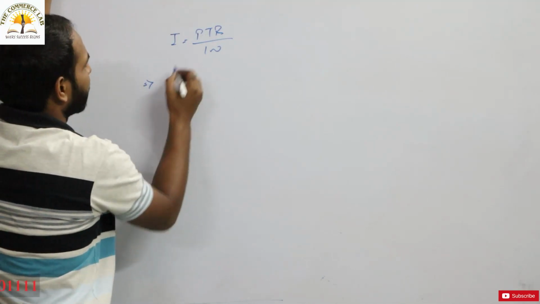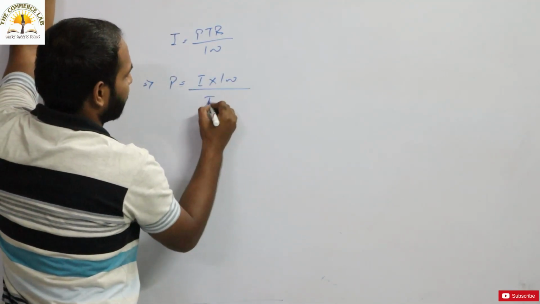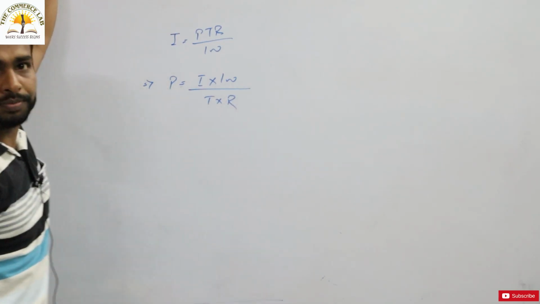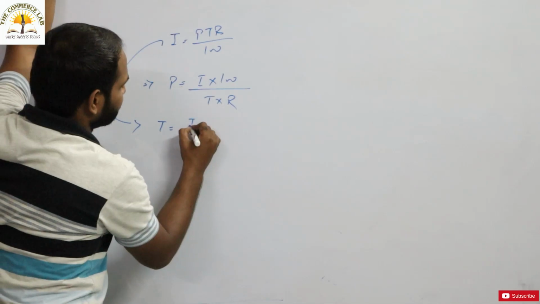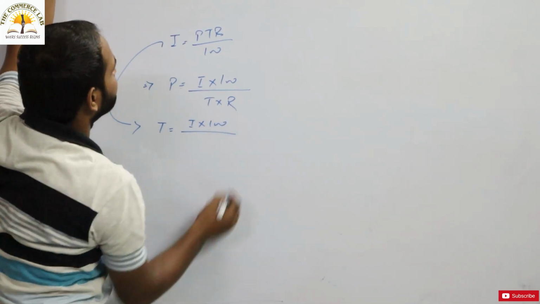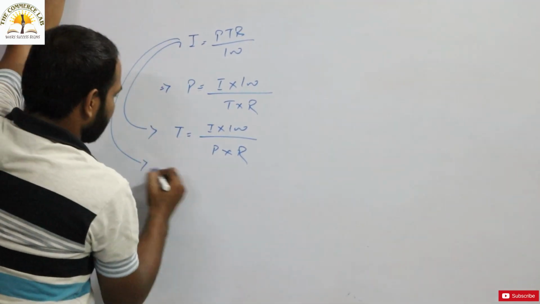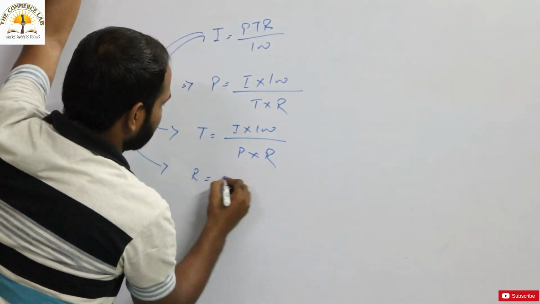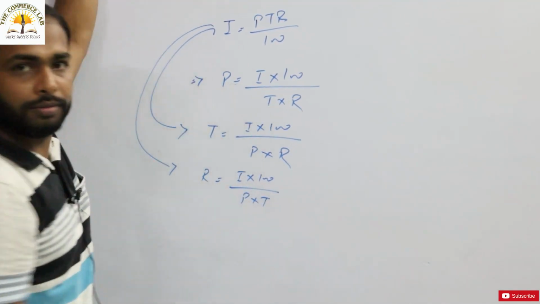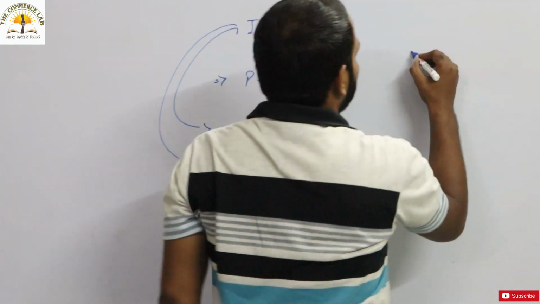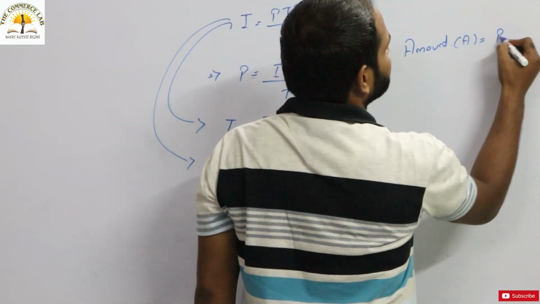From this, we can calculate P equal to I into 100 by T into R. From this, T equal to I into 100 by P into R. Again, R equal to I into 100 by P into T. Then another formula, amount A equal to P plus I.